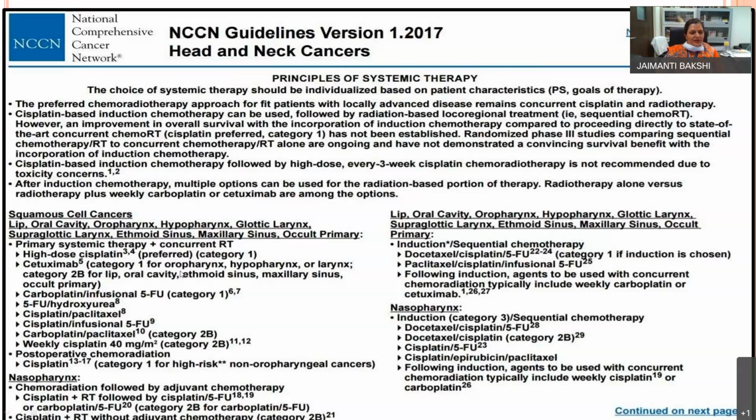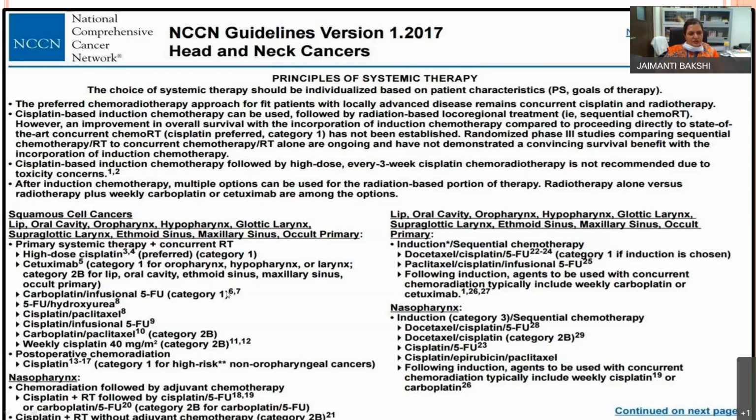But for oropharyngeal cancers, cetuximab has been recommended as category 1 for oropharynx, hypopharynx, and larynx tumors. And it has been recommended as category 2B for lip, oral cavity, ethmoid sinus, maxillary sinus, and double primary tumors.